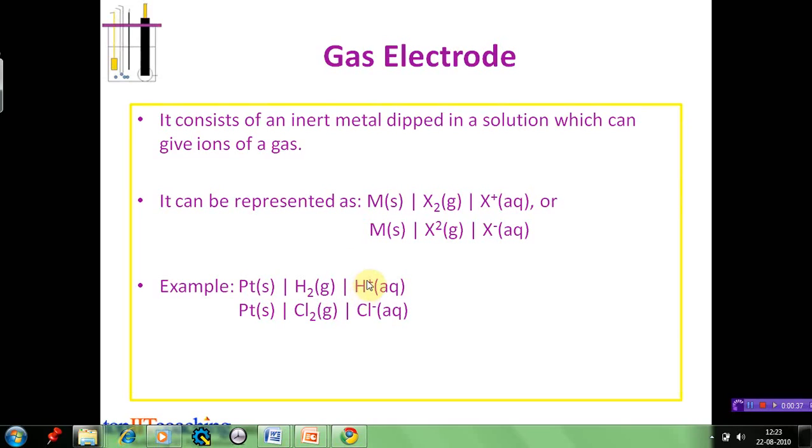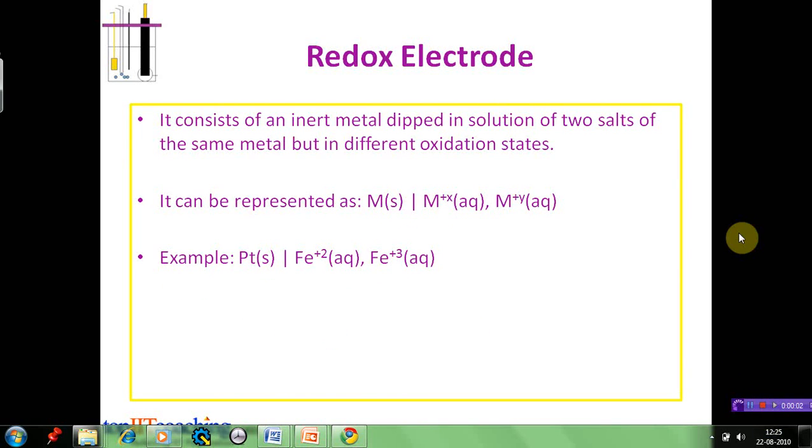So in the first example, platinum is the inert metal which is dipped in a hydrogen ion solution. Hydrogen ions are the ions of hydrogen gas. Similarly, platinum dipped in chloride ion solutions is also a gas electrode, in which chloride ions are the ions of chlorine gas.